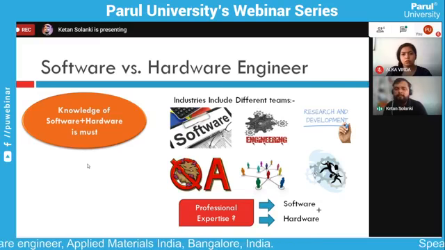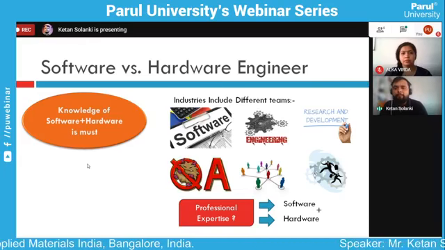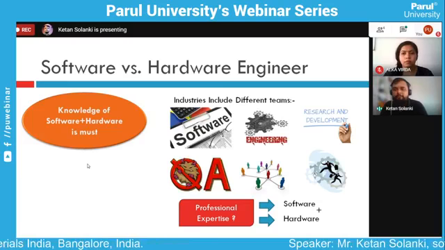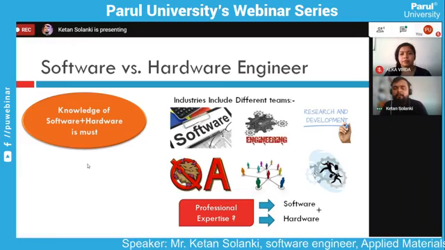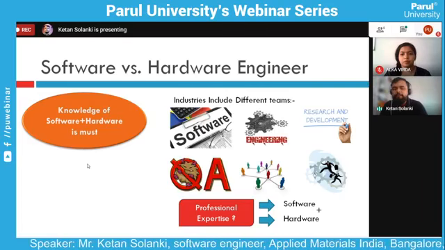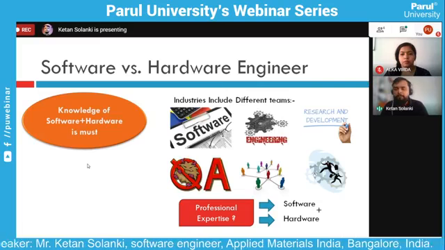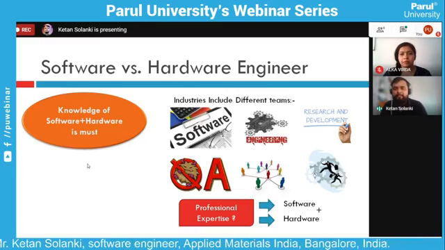There are several industries which work on this combination, with engineers working on both software and hardware, for example embedded system technology, robotics, and digital signal processing. All are mainly focused on software plus hardware. Even mechatronics is one branch which demonstrates this combination.